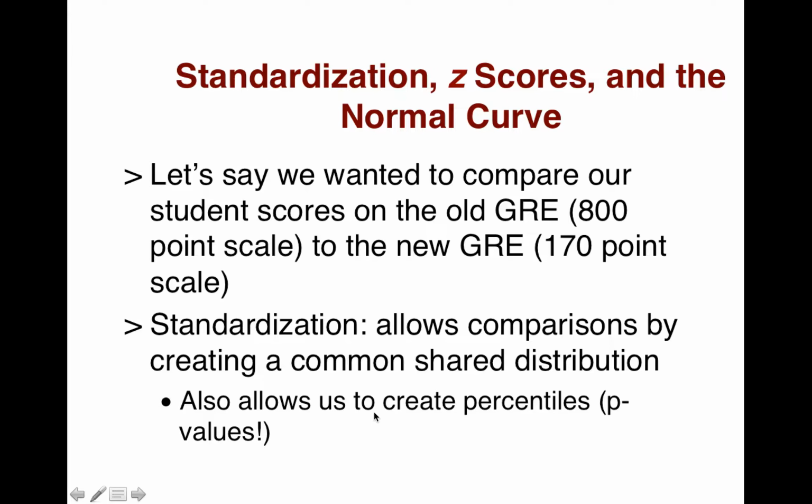So if I'm using a histogram, what I've done is taken my histogram, and instead of it being on a 0 to 800 scale, what I can do is take the whole thing and move it to where a 0 score is in the middle, and now I can compare my 0 to 800 scale to my 0 to 170 point scale.